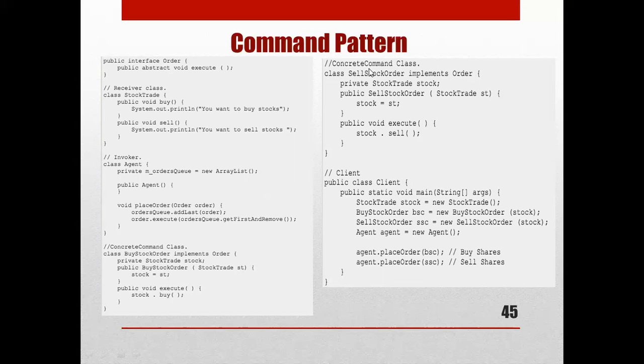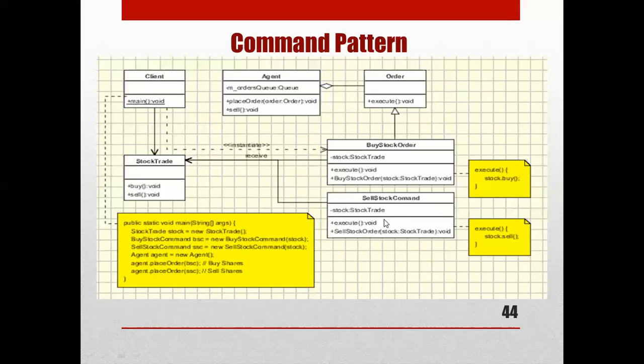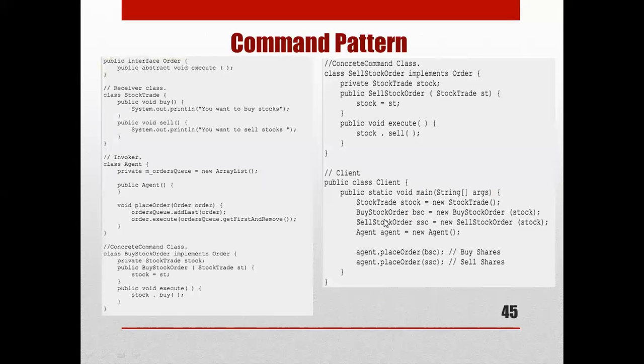Then another concrete class is sell stock. Here you can see sell stock, another concrete class. In that we are going to sell the share. So it also includes the interface or receiver class. The class sell stock order implements the order. Then it includes private stock trade, the object of the receiver class.